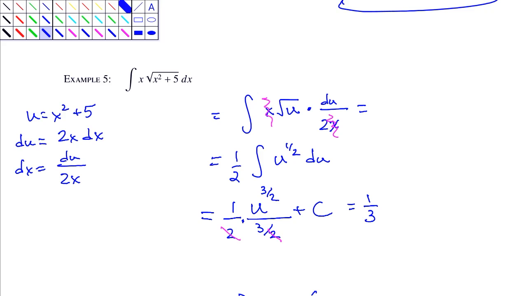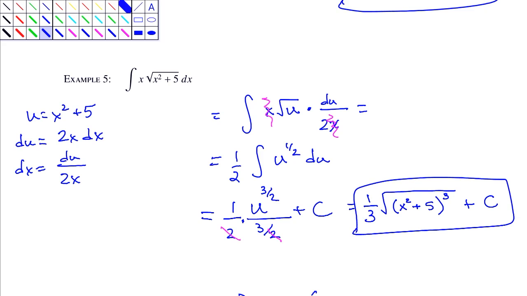We're going to rewrite u as the square root. We're going to replace the u. The u was x squared plus 5, and the 3 on the numerator is a cube, so it's cubed. You could have done an extra step here.